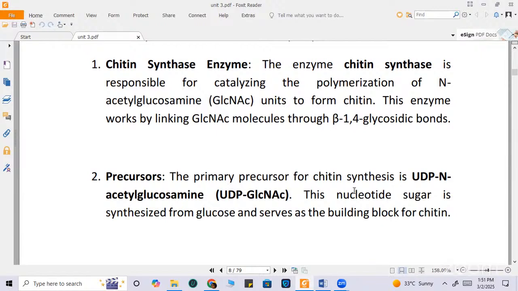First, glucose is converted into glucose 6-phosphate. The first two or three steps are similar to the glycolysis pathway, where trehalose 6-phosphate gets converted to glucose 6-phosphate, and by the enzyme glucose 6-phosphate isomerase that gets converted to fructose 6-phosphate.